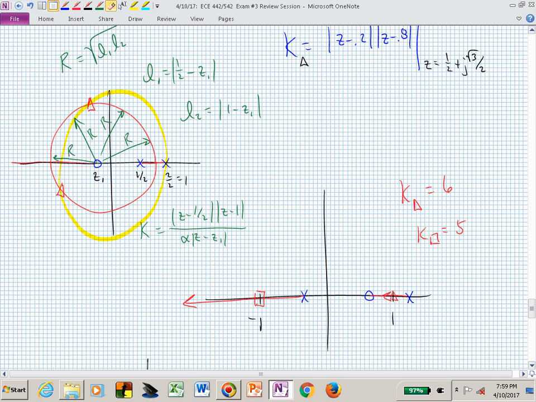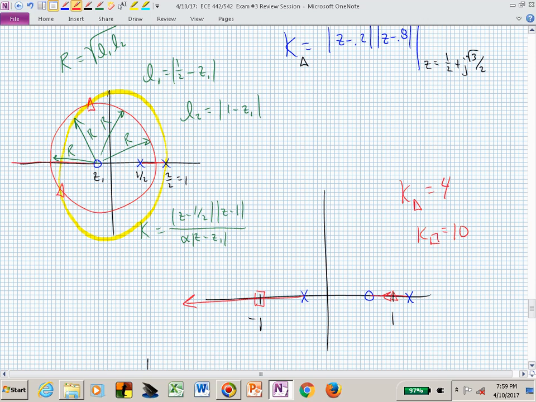What if it was different? What if k square was now 10 and k triangle was 4? Do you now have a stable range of k? It's all going to depend on the relative locations of these poles and zeros.